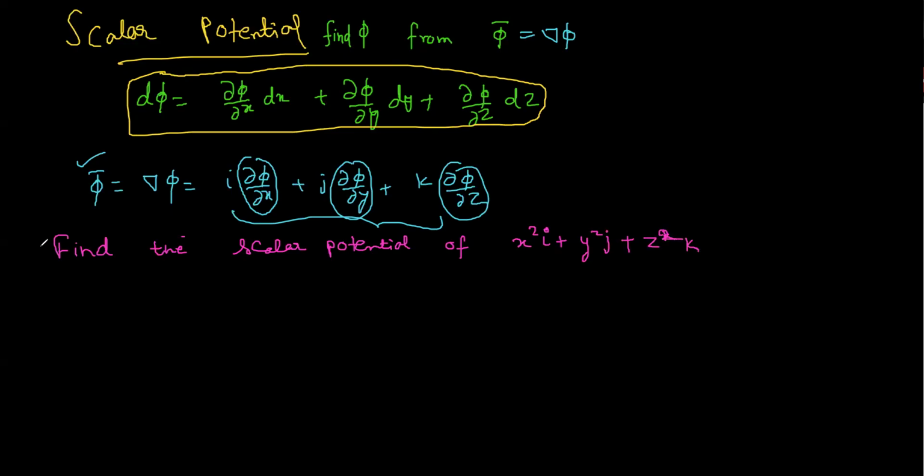So this is what? A vector function. And you know how a vector was formed by using grad phi, right? So the vector is nothing but x square i, y square j, z square k. And grad phi is what?